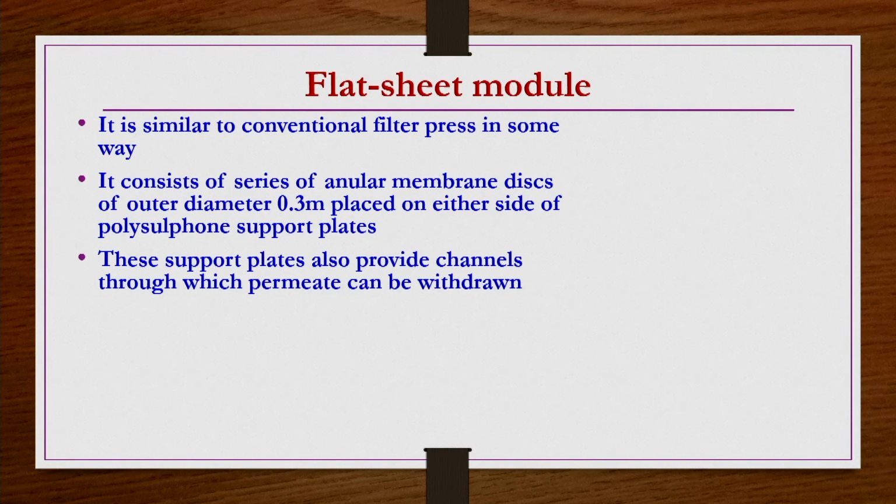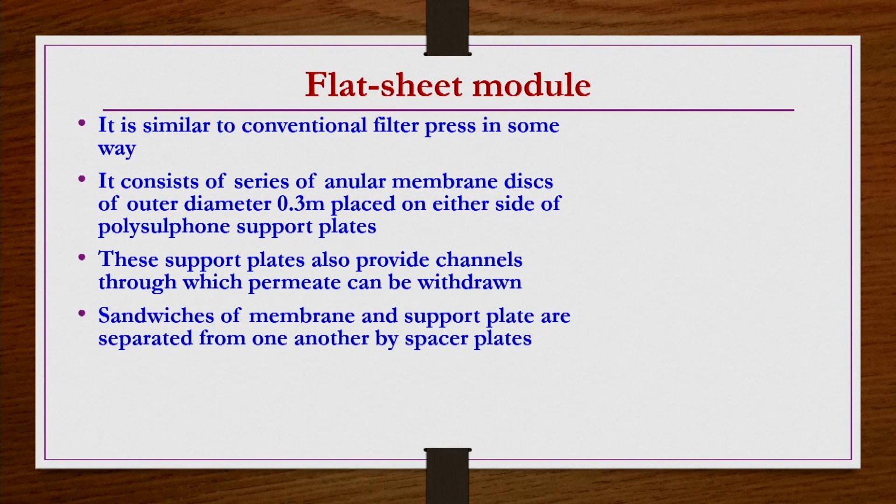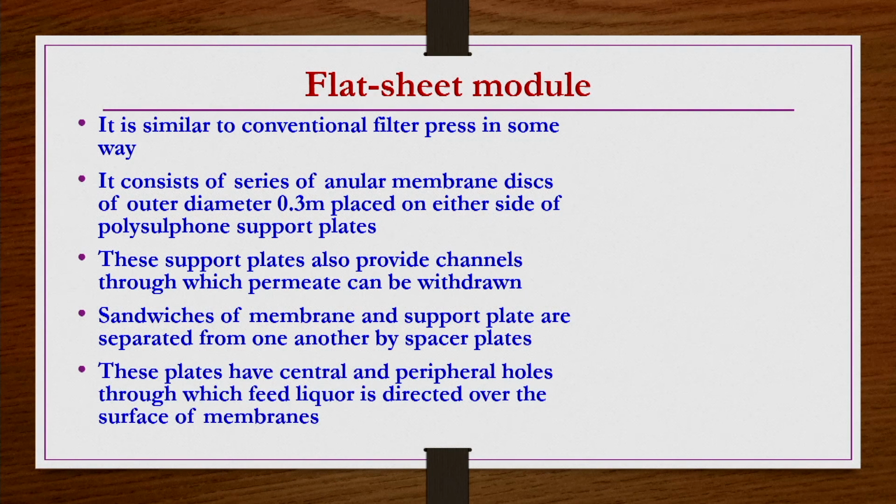These support plates also provide channels through which permeate can be withdrawn, and the sandwich of membrane and support plate are separated from one another by spacer plates. These plates have central and peripheral holes through which feed liquor is directed over the surface of the membranes.